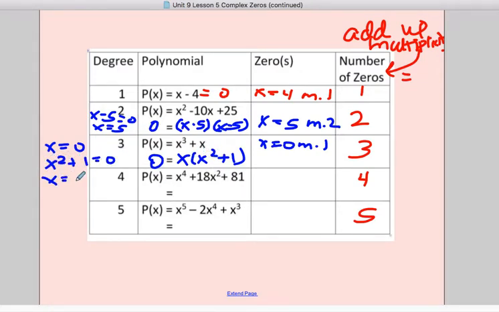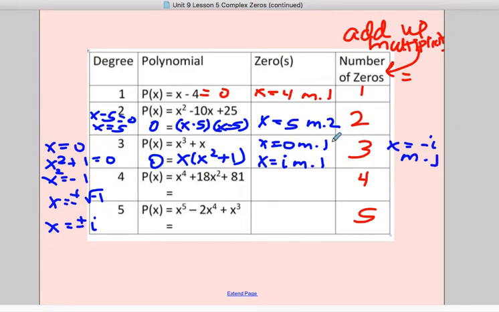So x squared equals negative 1. Take the square root, and we get plus or minus the square root of negative 1. The square root of negative 1 is i, so it'll be plus or minus i. So x will equal i, multiplicity of 1, and x will equal negative i, multiplicity of 1. So once again, I add up my multiplicities, I should get my number of zeros. I should also get the degree of my polynomial.